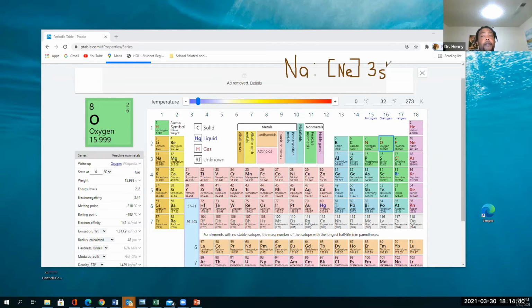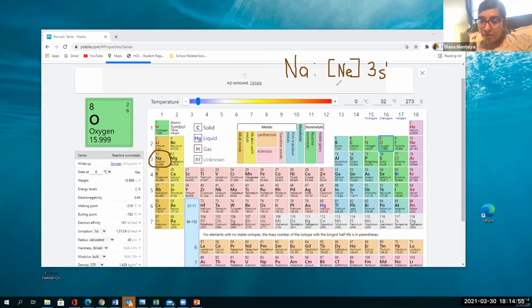Okay, so we know sodium is right here. Now, if it wants to be like a noble gas, what is the nearest noble gas it's going to want to be like? So what does it need to do to be like neon? It needs to lose one electron. When it loses an electron, it becomes positive, because the number of protons outnumbers the number of electrons.